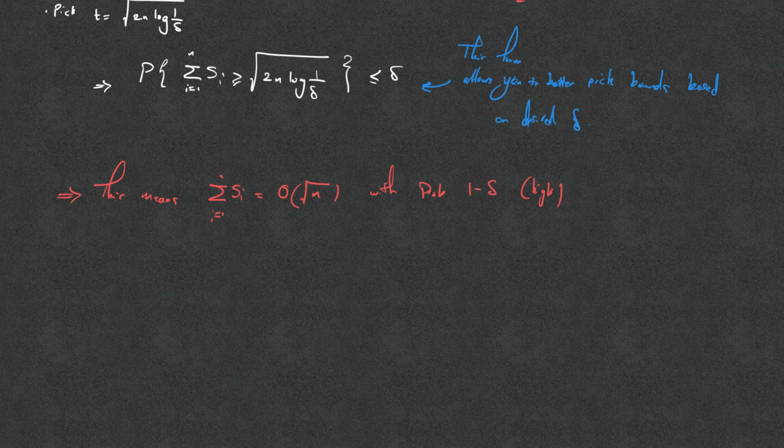Now what this means is that with probability 1 minus δ, which is usually a high probability because you are interested in being confident and close to the mean, the order of magnitude in terms of n of the summation of these S_i's is on the order of the square root of n, or n to the power of half.